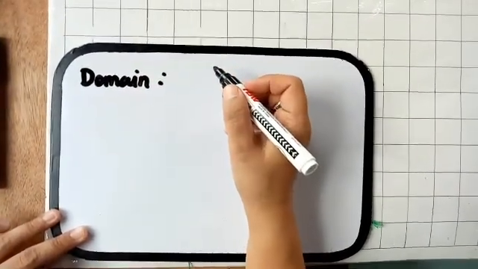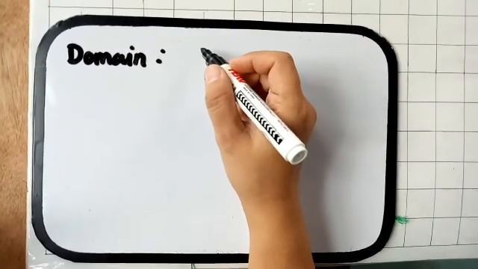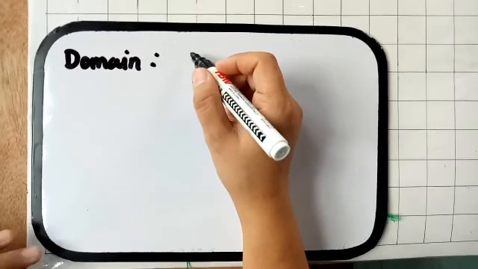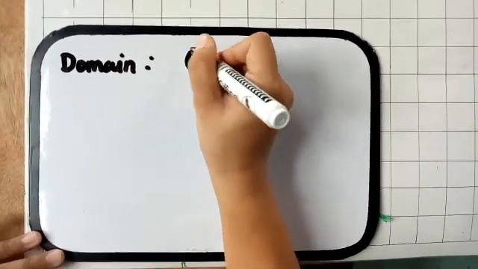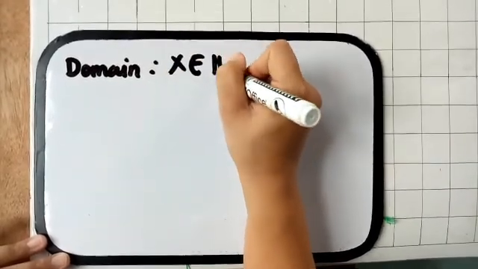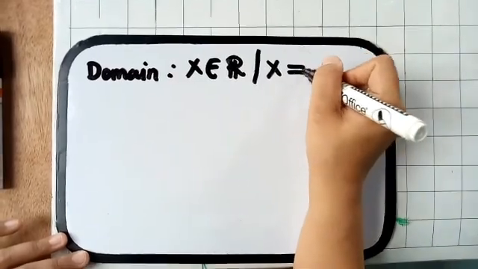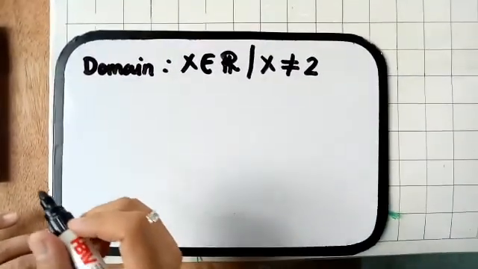For the domain, since we found out on the table of values that if x is equal to negative 2, f of x becomes undefined, our domain will be all x that are real numbers such that x must not be equal to negative 2. That is for the domain.